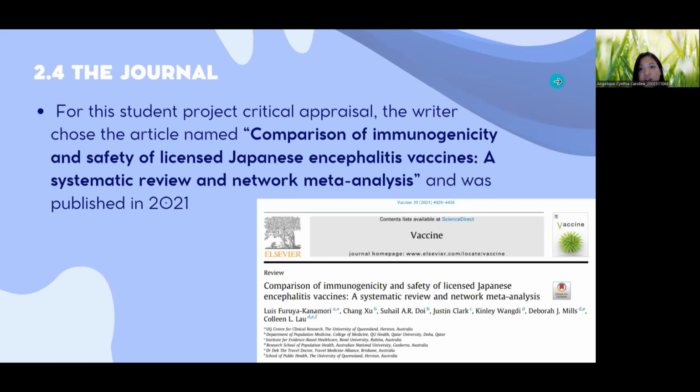For this critical appraisal, we use the article named Comparison of Immunogenicity and Safety of Licensed Japanese Encephalitis Vaccines. It is a systematic review and network meta-analysis published in 2021.